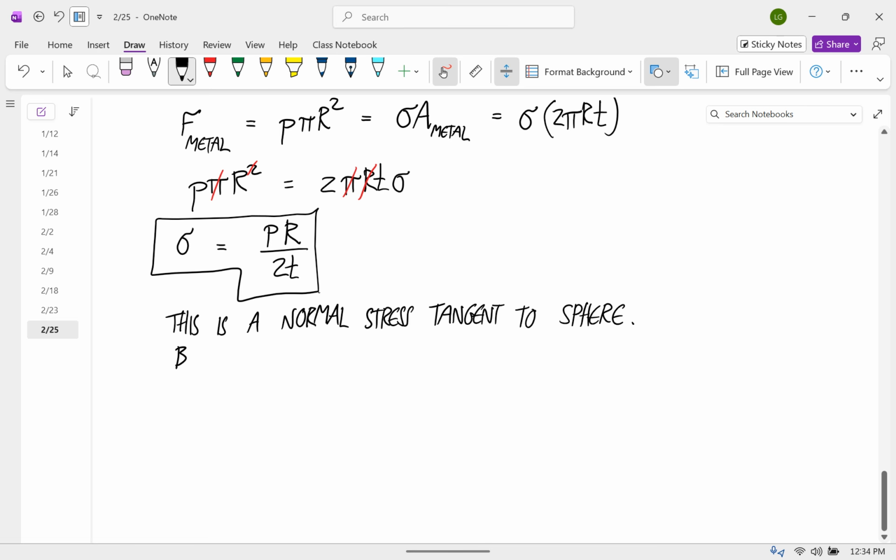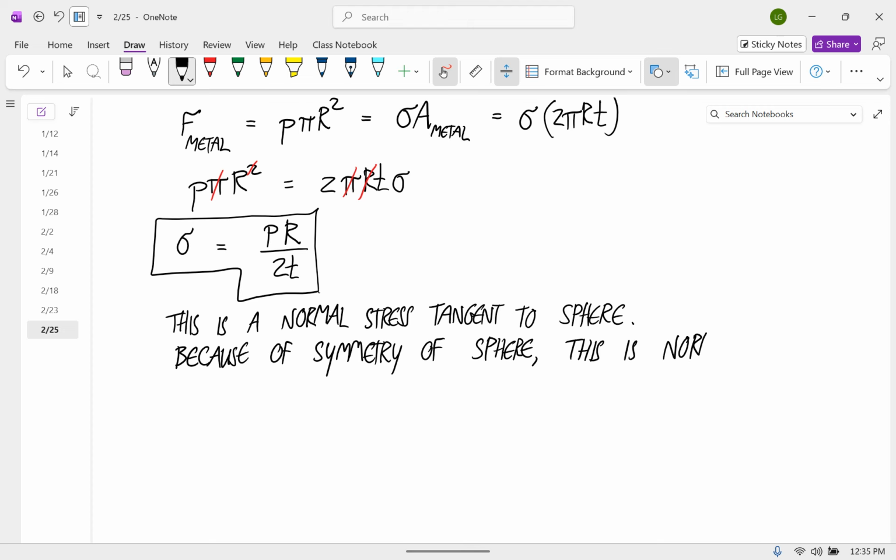Because of the symmetry of the sphere, this is a normal stress for any tangent, like along any tangent axis to the sphere. So this is the normal stress for any tangent axis.